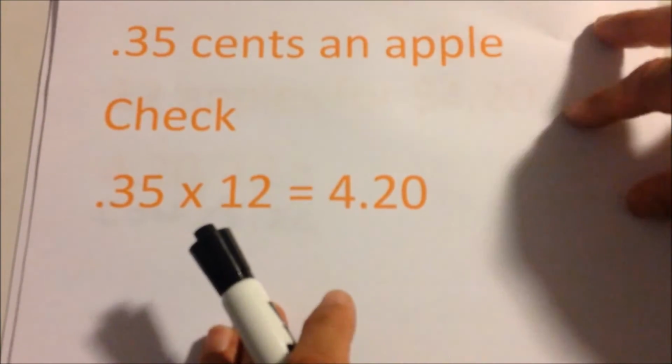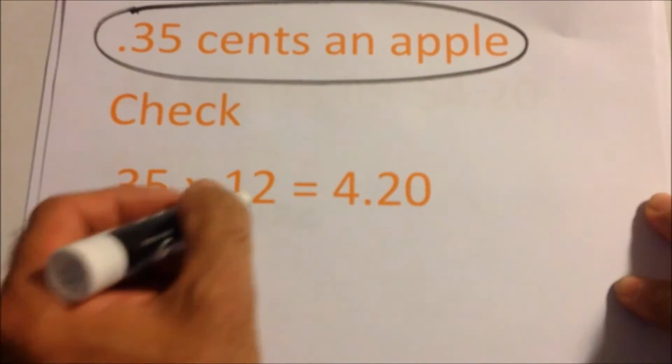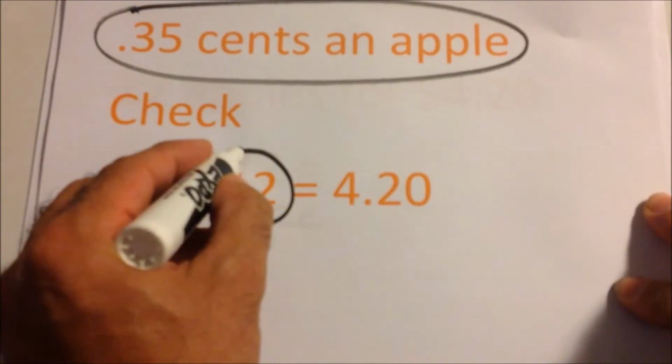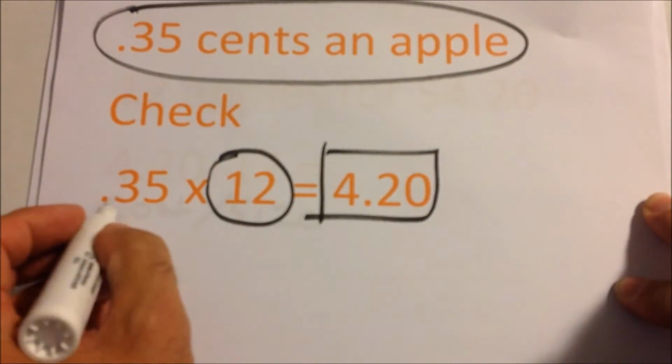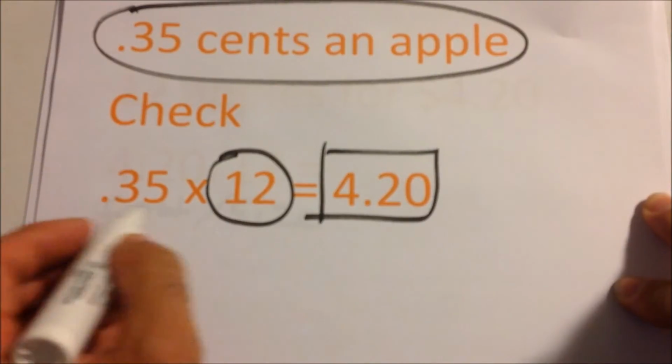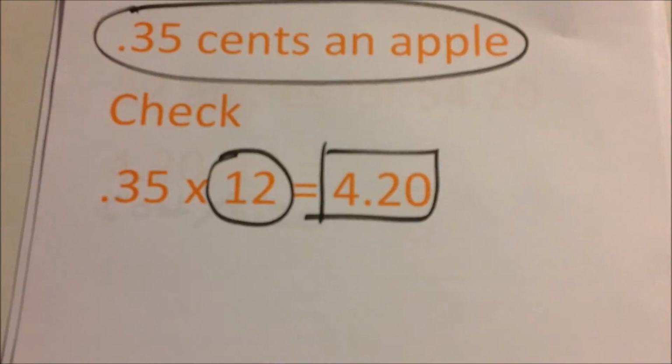Well, you're going to get 35 cents an apple. So that's the unit cost, 35 cents an apple. And how do we check? Well, we said we had 12 apples, and they came out to $4.20. So 0.35 is 35 cents times 12 gives us $4.20. That's how you check.